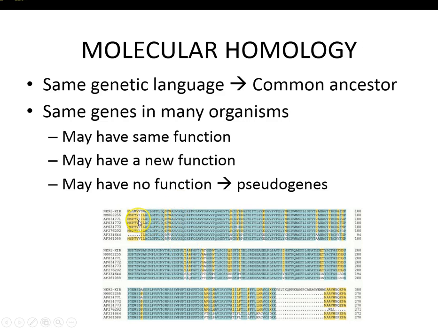The yellow parts are going to be things that are maybe a little bit different from one species to the next. The genes may have the same function in those different species, or they may have different functions between the species, but the idea is that the gene itself remains intact and has a very, very similar or conserved sequence.